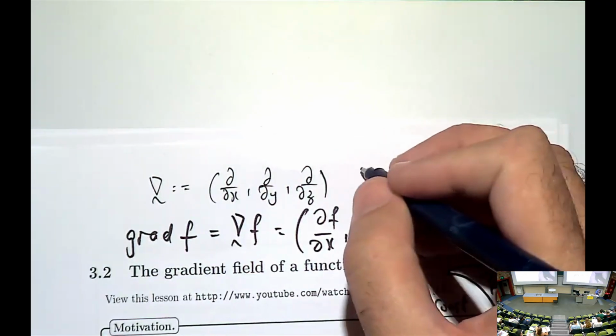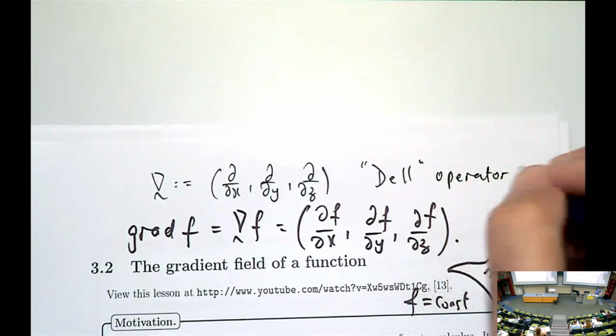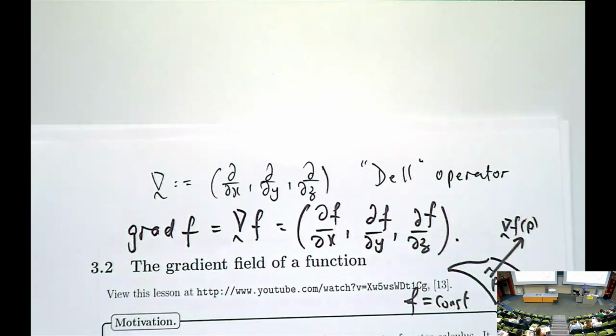It was called the del operator, and it has sort of partial derivative operators in it. You can think of it as a vector, and we applied it to functions of 2 and 3 variables.